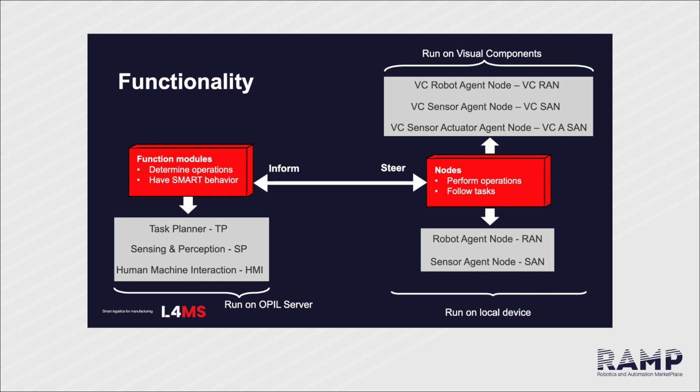On the left part, we have function modules that determine operations, plans, and tasks, the floor plan, and ensure the smart behavior of the whole structure. These modules are the Task Planner, Sensing and Perception, and the Human-Machine Interaction module, which are running on the OPIL library server and will be examined analytically later on.